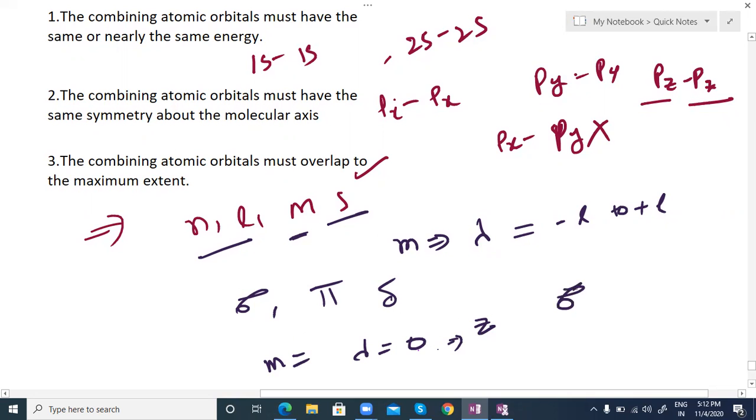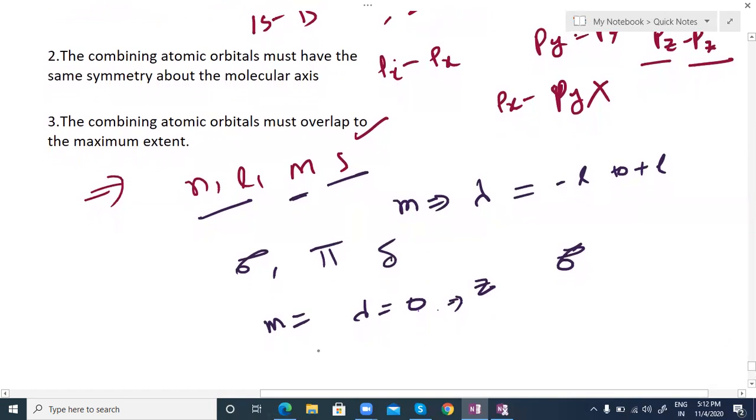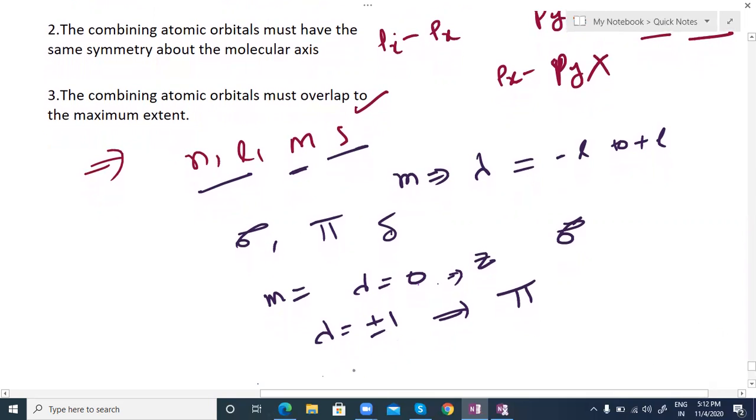We call those sigma orbitals. The other ones have lambda equal to plus or minus 1, these can form pi bonds. Like the m value, the orbitals belonging to plus or minus 1 can form pi bonds. And lambda plus or minus 2 can form delta bonds.